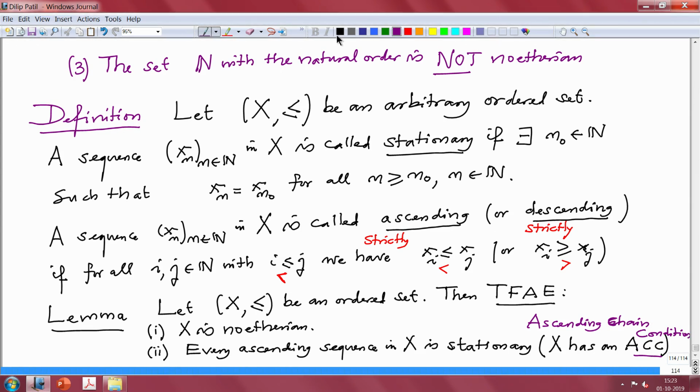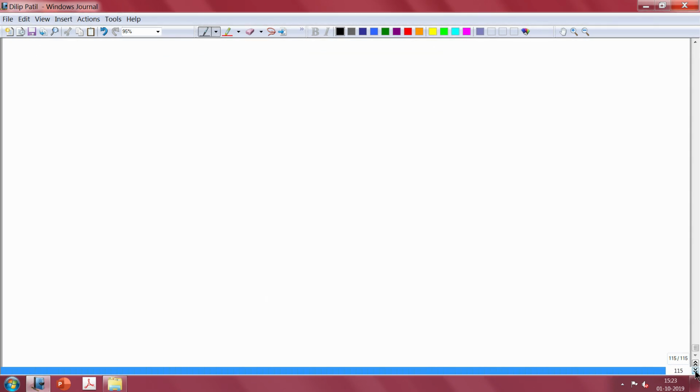Now, let us prove this. It is very easy. Proof. Alright, 1 implies 2. So, we are given that X is Noetherian and we want to prove that every sequence in X which is ascending is stationary.